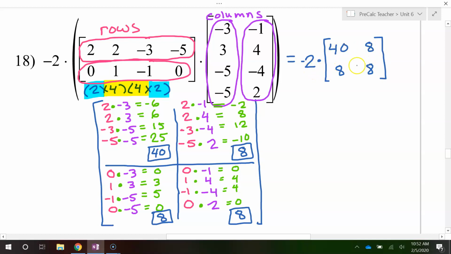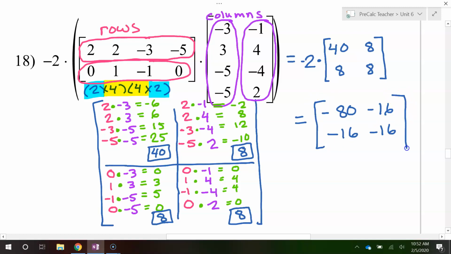All we do is multiply each one of these entries, each element, by -2. So of course, that is going to give us the final answer of -80, -16, -16, -16. So that is how you do number 18.